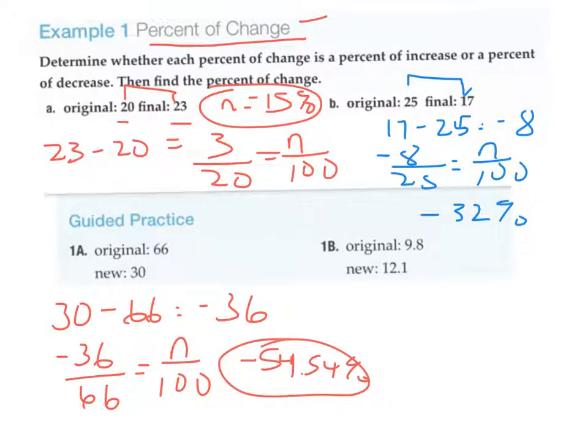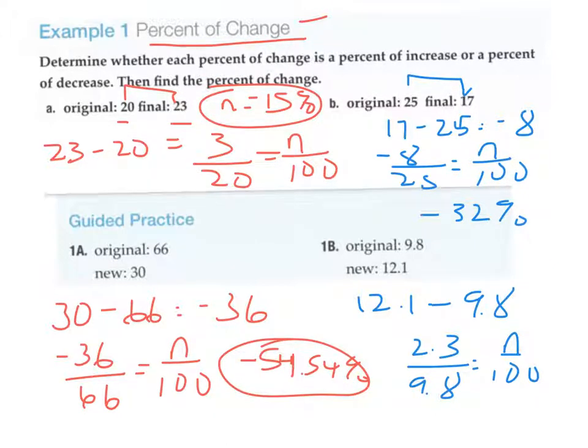Same thing, let's take our new and subtract our original. So in this case, you can see it's going up. So when I do the math, I get 2.3. So I put that over the original, 9.8, and I'm going to make it into a percent. So there's my n over 100.